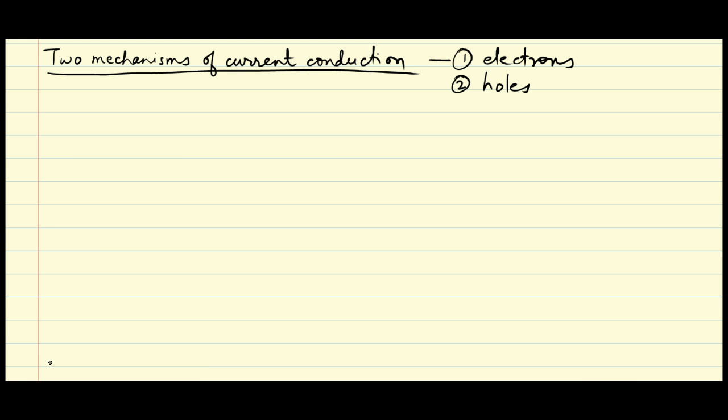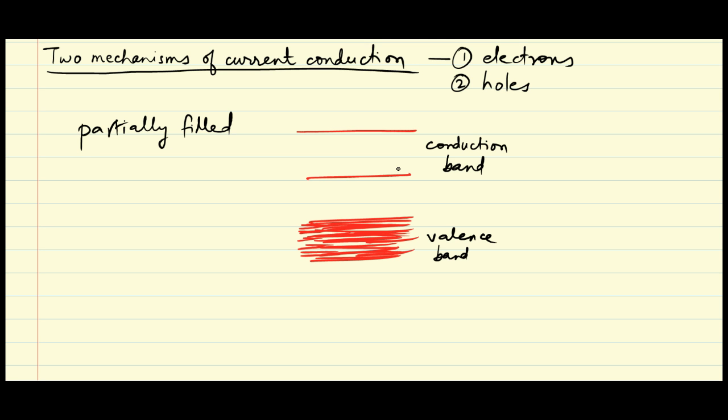We have seen earlier that only if an energy band is partially filled can the electrons in that energy band contribute towards the material's electrical conductivity. We have also seen earlier that at low temperatures the valence band in a semiconductor is completely filled with electrons and the conduction band is completely empty.